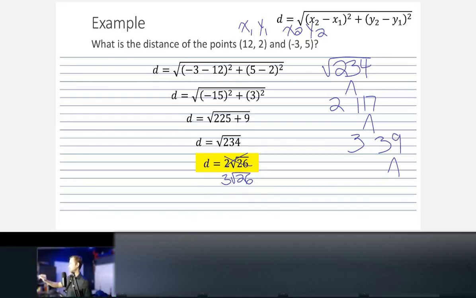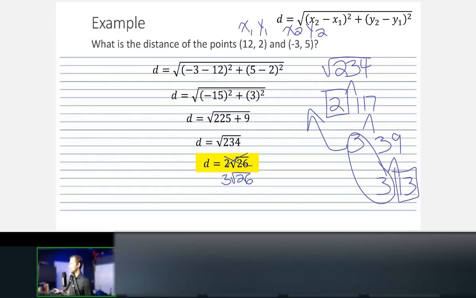And then we get 3 and 13. So we factor everything, and then for square root we need groups of 2. So I got a pair of 3s. So that comes out in front as a single 3, and then I box everything else that doesn't have a match. So this is how I taught it back in the day.